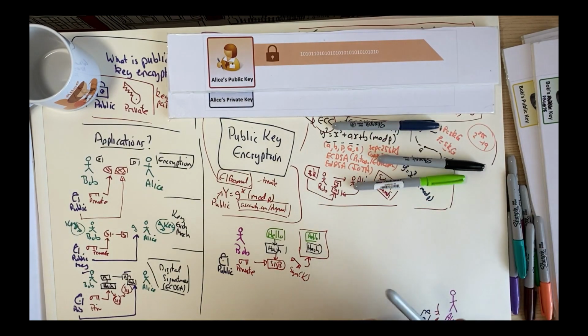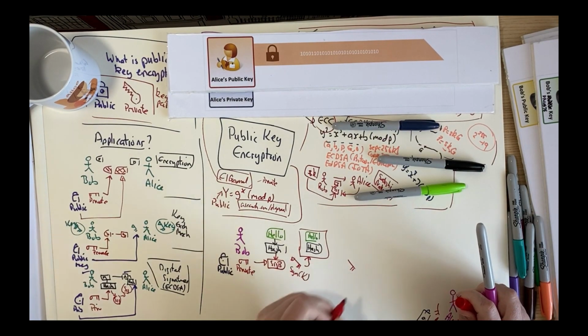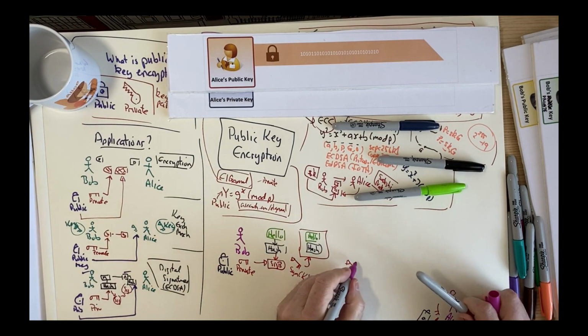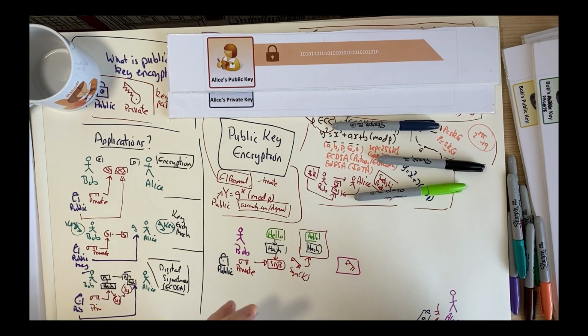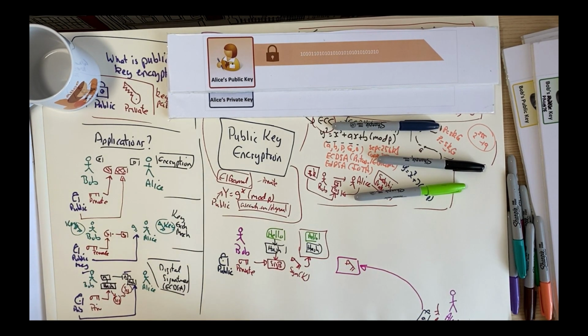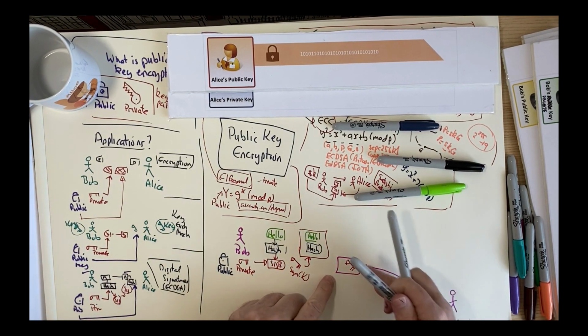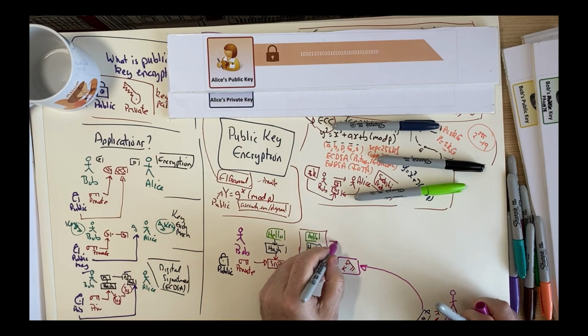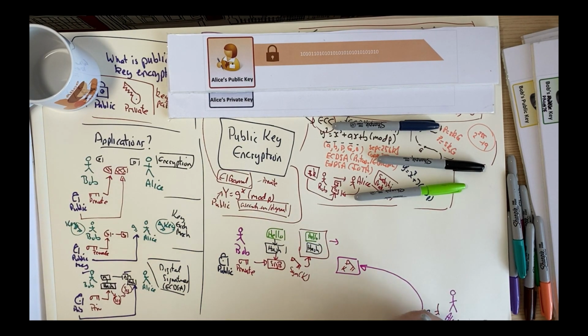So we take the key and then we'll encrypt it with Alice's public key. Okay, so Bob gets Alice's public key and then encrypts that secret key, the key value, with that.